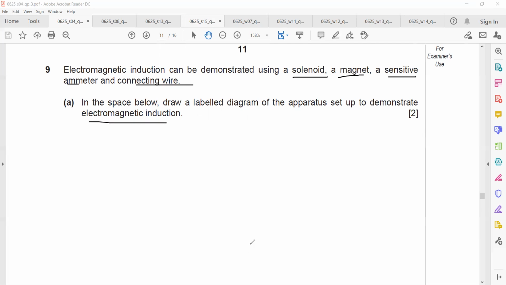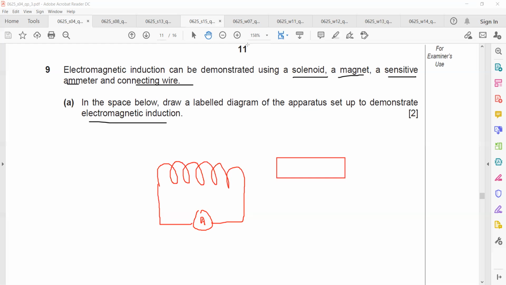This means how we can show that a change in magnetic field can induce EMF. For that purpose, we should have a solenoid, a circular wire, connected to a sensitive ammeter, which can detect a reading, then a permanent magnet, and connecting wires.